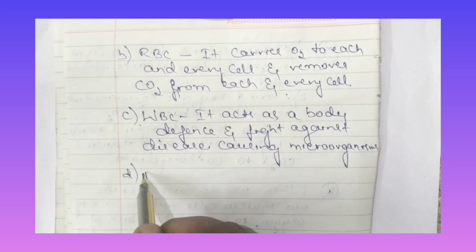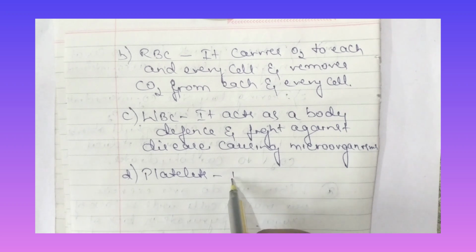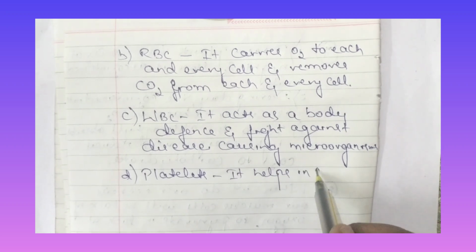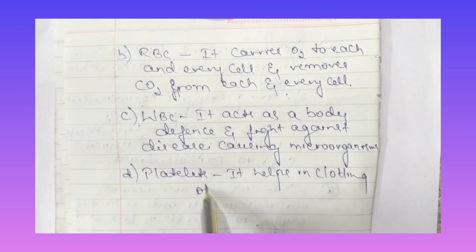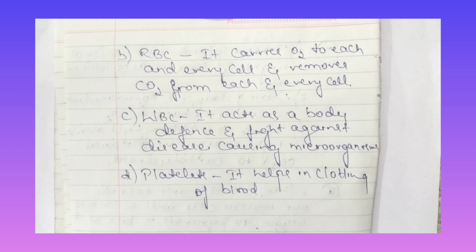Then the next one is platelets. It helps in clotting of blood. So this is about the components of blood and their function.